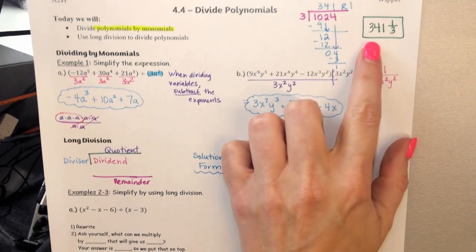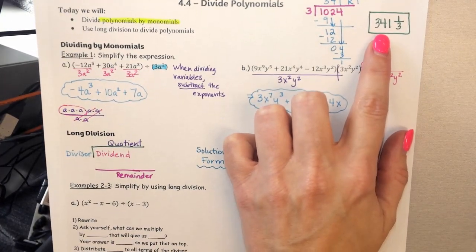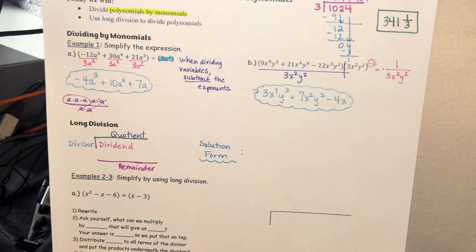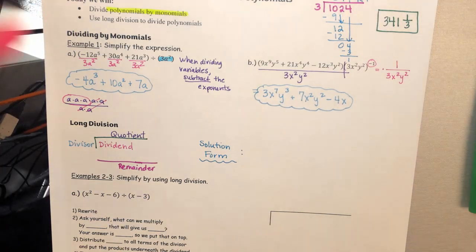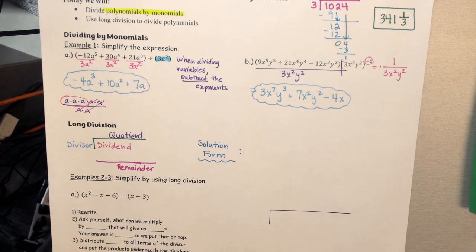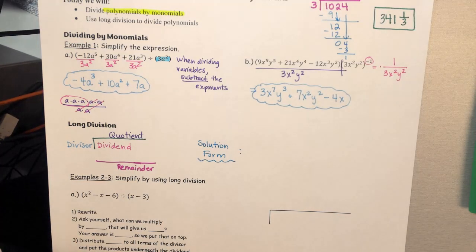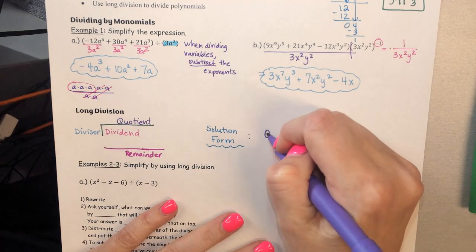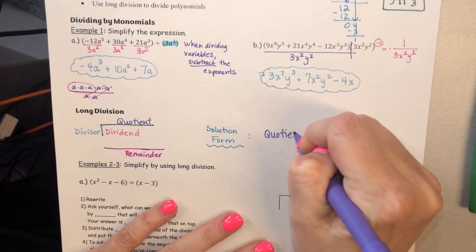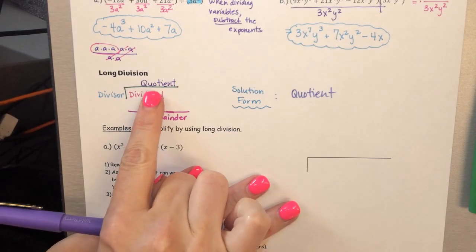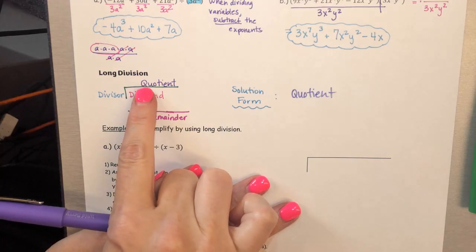Okay, I had one person tell me, hey, I learned this long division today. So if you do remember it, it is going to be helpful for the polynomial process. Okay, if not, I wrote down some things to help you remember. So your solution form is going to be the quotient, which if you look at this little diagram here, the quotient is what is on top.